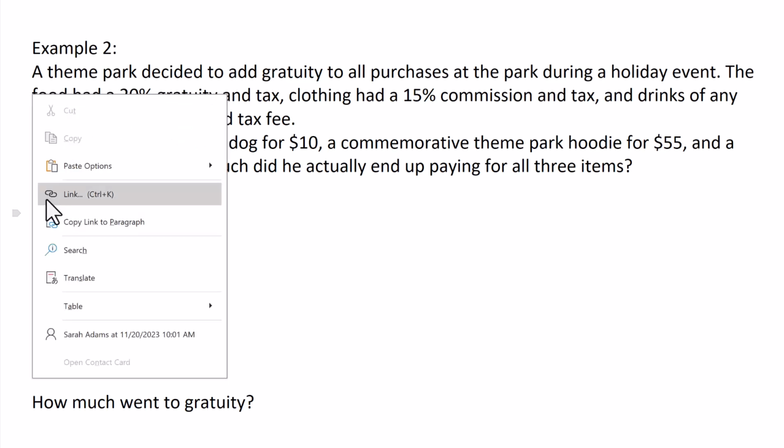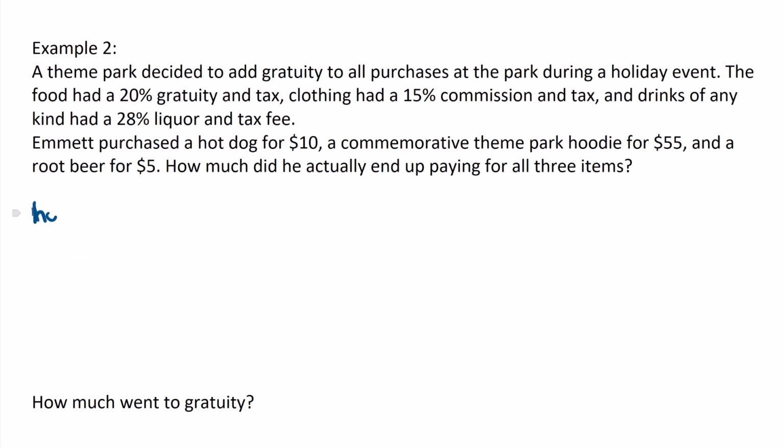Let's go ahead and list the items. Hot dog for $10, and we know that if it's food, it had a 20% gratuity, so 1.2. We had a hoodie, which is clothing, and it was $55.